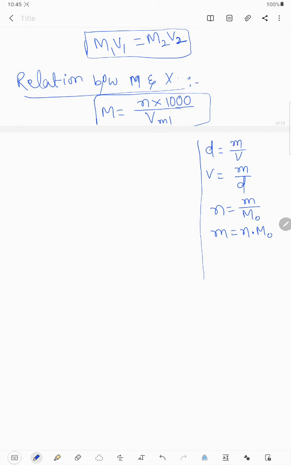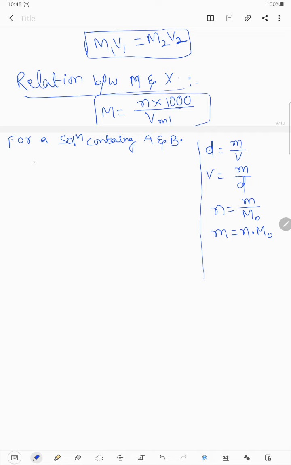Now for a solution containing A and B, one is solute, one is solvent.